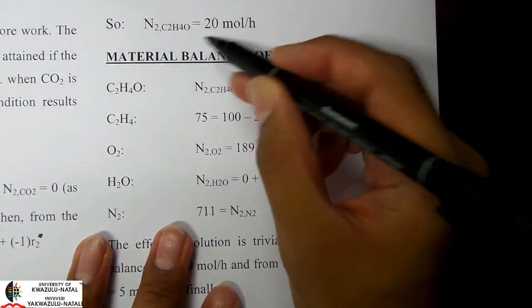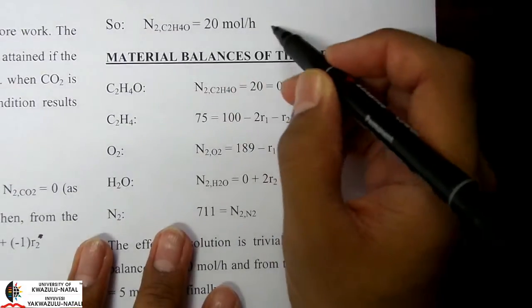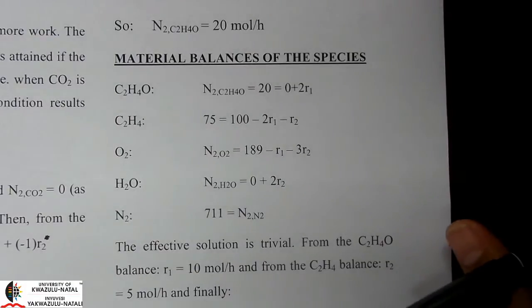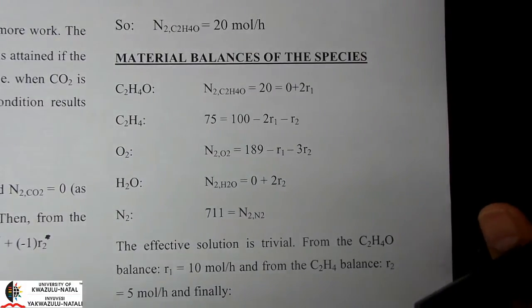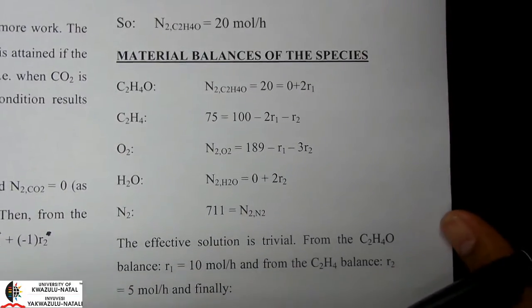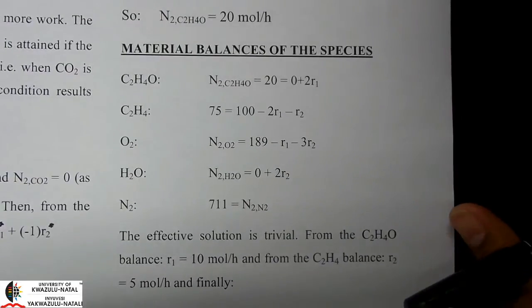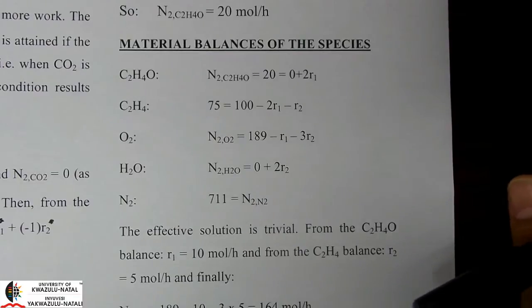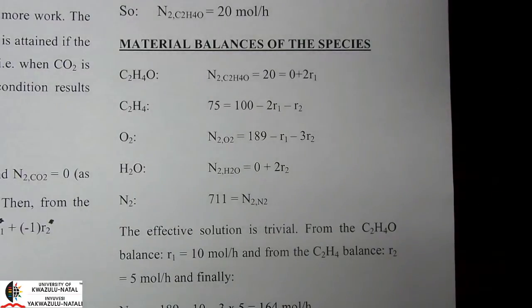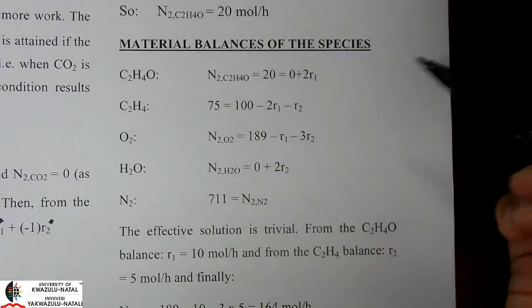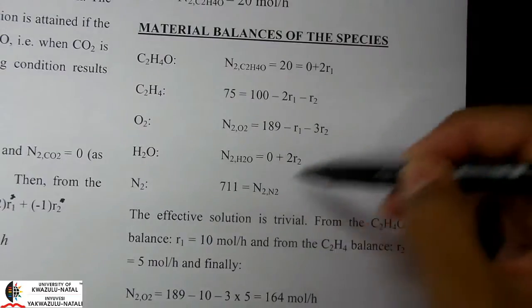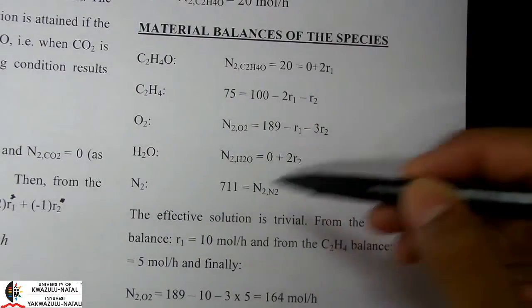Okay, so once we've done this part, now we can look at our actual material balances of the species in real conditions. So it's very important that you determine the difference between writing a material balance at maximum production rate conditions, in order to make use of your yield equation, and actually writing out our material balances in reality.